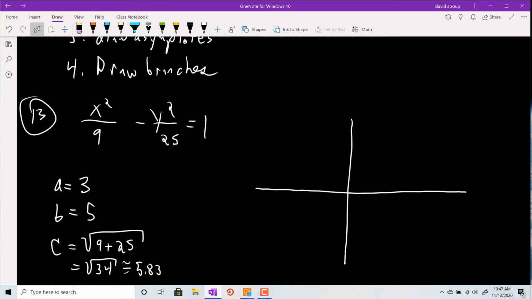The transverse axis is on the x-axis this time, so we will put the foci and stuff there. 1, 2, 3 for the vertex, 4, 5, 6 for the foci, and then the foci in there.